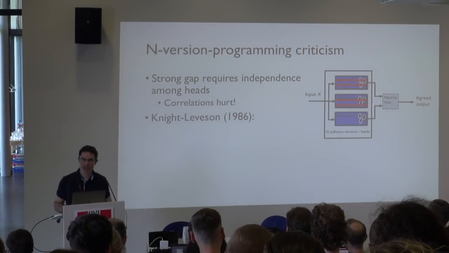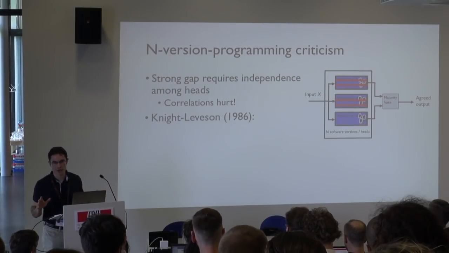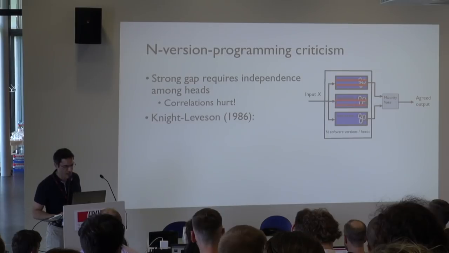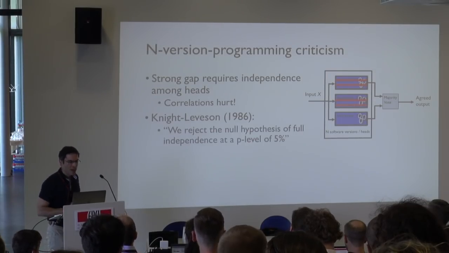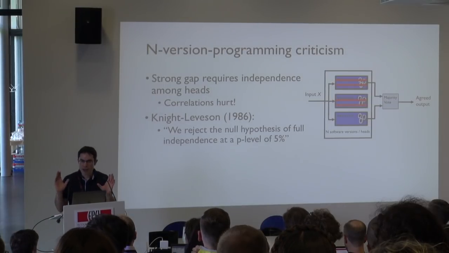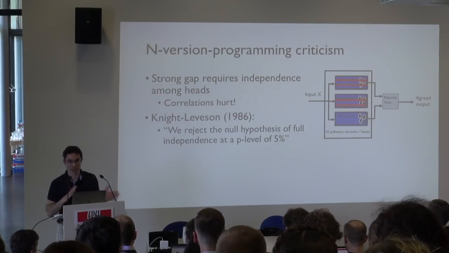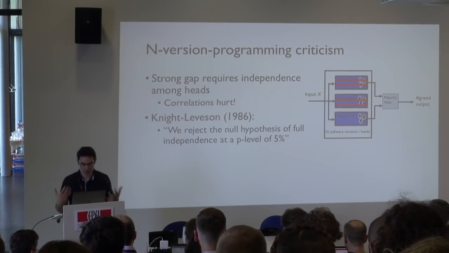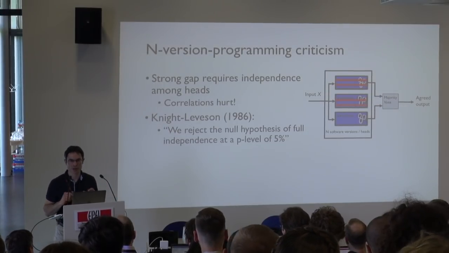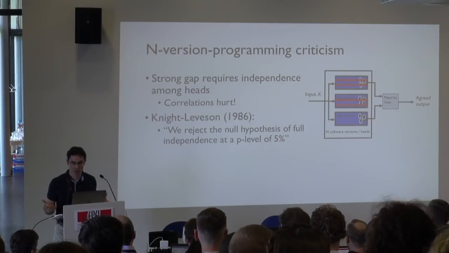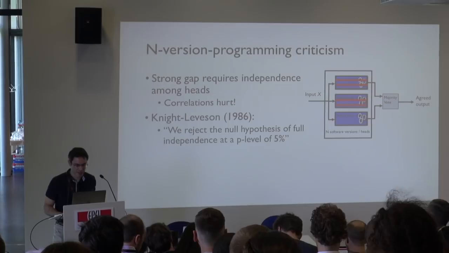And indeed, in the mid-'80s, an influential study by Knight and Leveson, where they had a bunch of undergraduates code up some programs in Pascal and studied the bugs in the programs they produced, was confirmation that you don't have full independence among programs produced by different developers. In particular, as they put it very formally, they were able to reject the null hypothesis of full independence, at least, among the versions of the programs produced by these undergraduates.